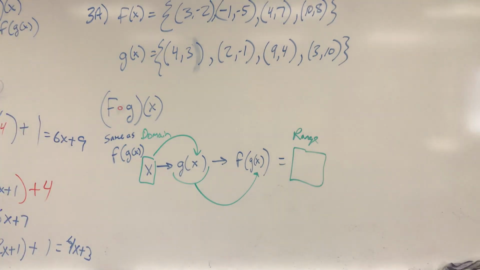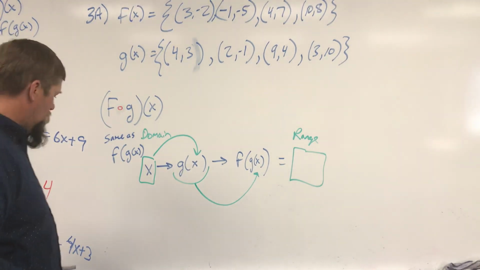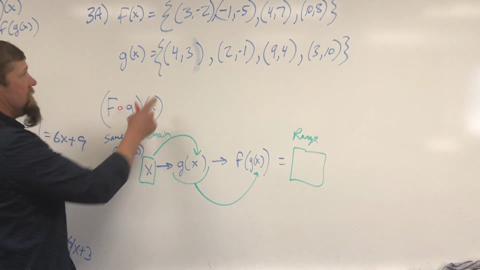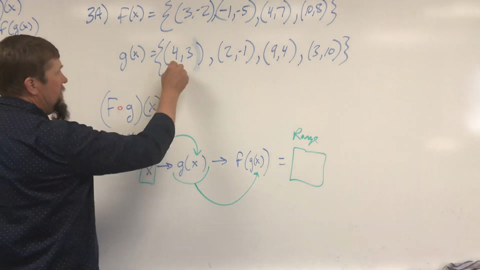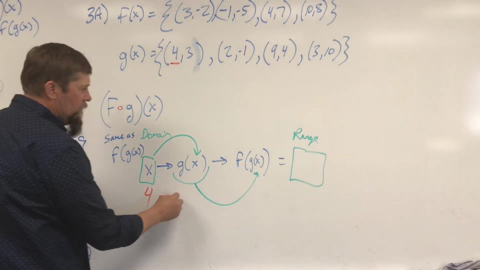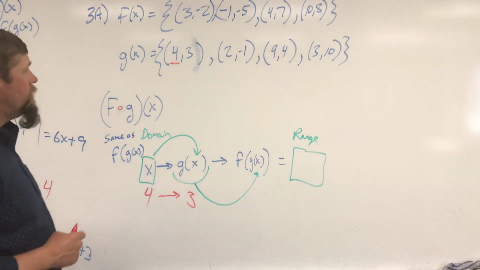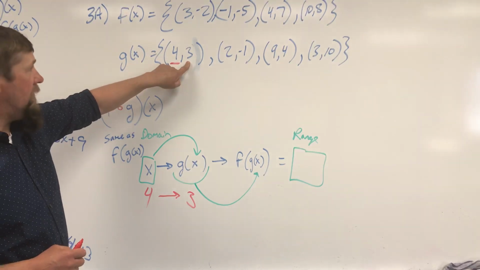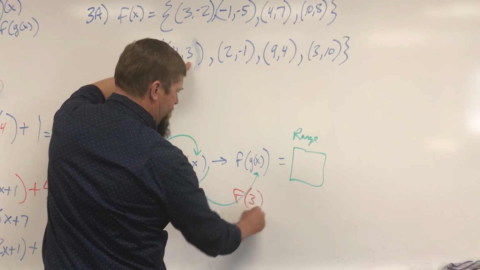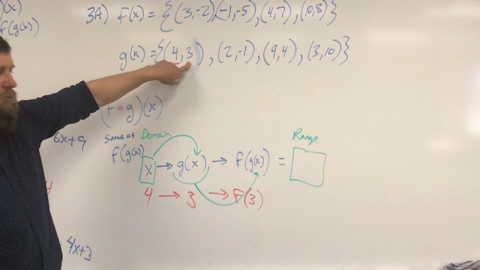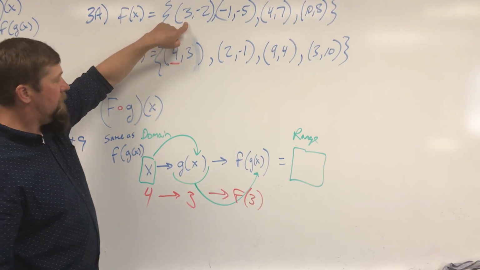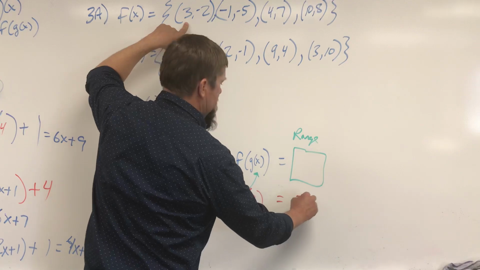Okay, so using these points, we can try to do that. In this case, we start with the g of x. x, in this case, is 4. What comes out is 3, the output. That goes into the f function, which is here, and what comes out is -2.